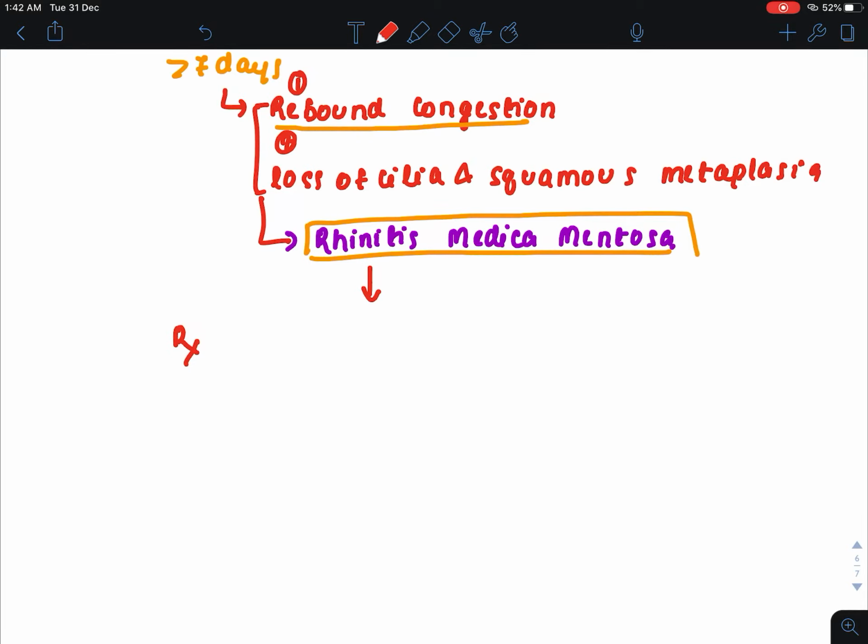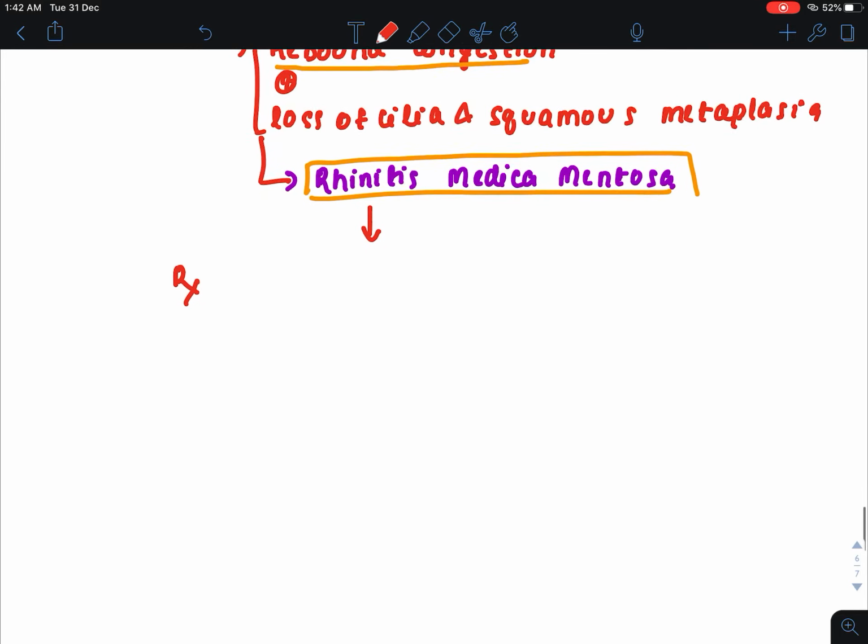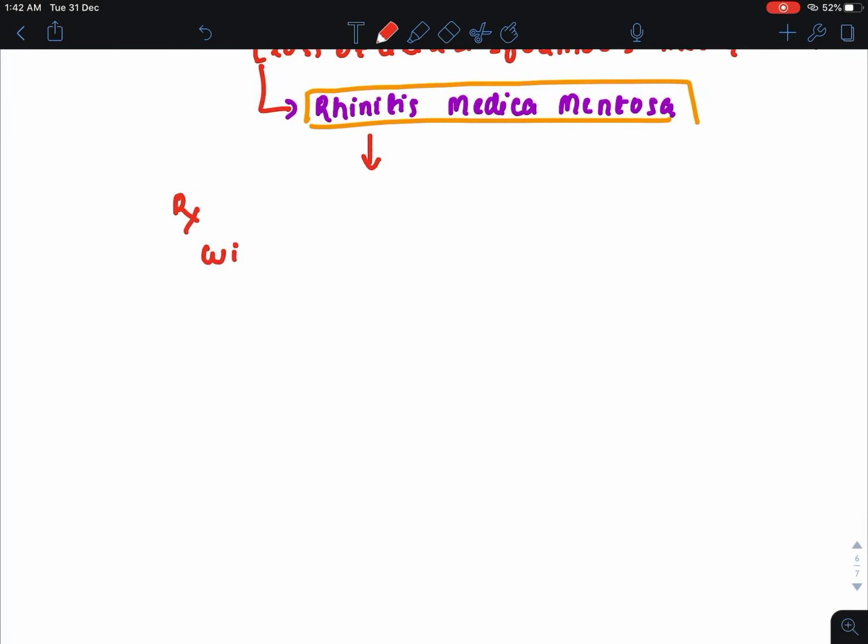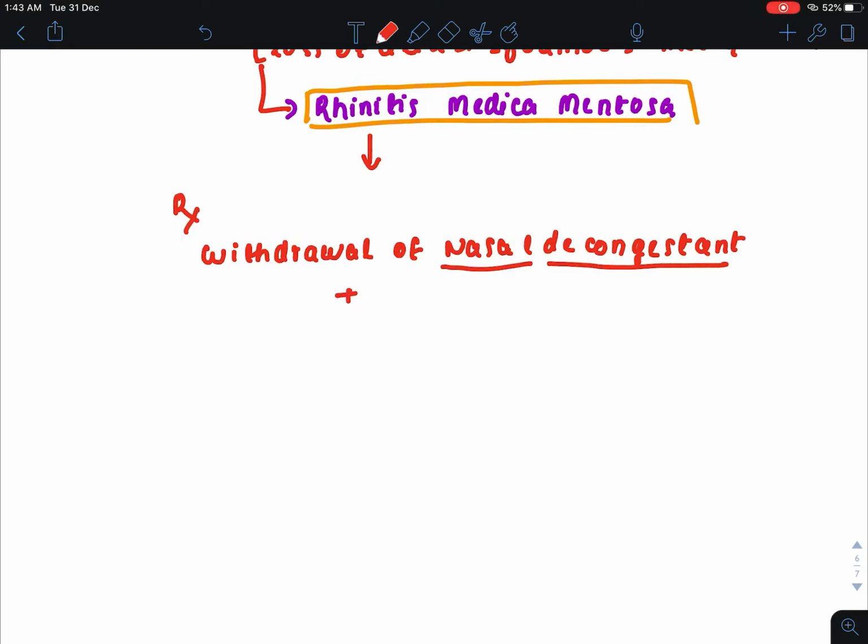Now the treatment of rhinitis medicamentosa is withdrawal of the nasal decongestant, plus administration of local or systemic steroids.